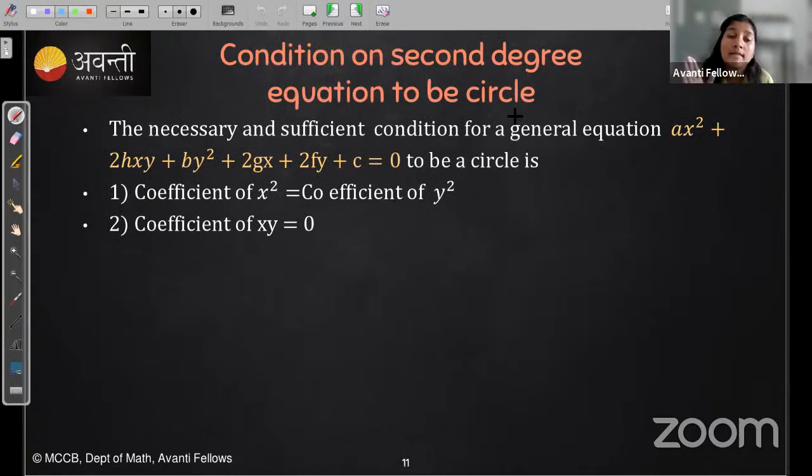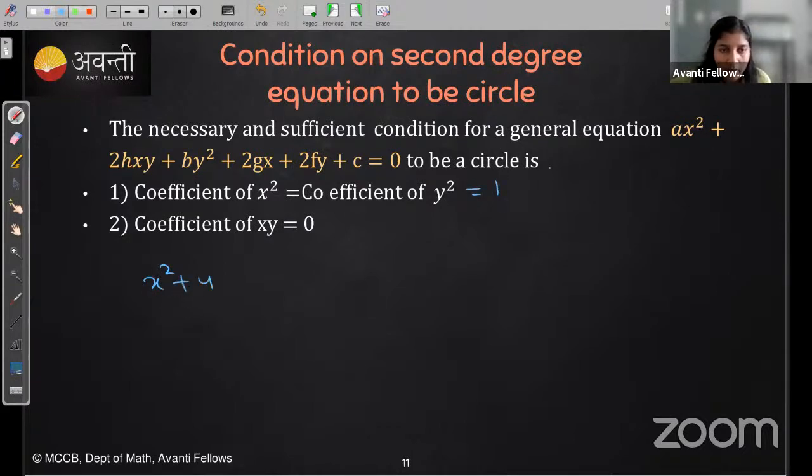So the necessary and sufficient condition for a general equation ax square plus 2hxy plus by square plus 2gx plus 2fy plus c equal to 0 to be a circle is that coefficient of x square and y square should be equal, and equal to 1.